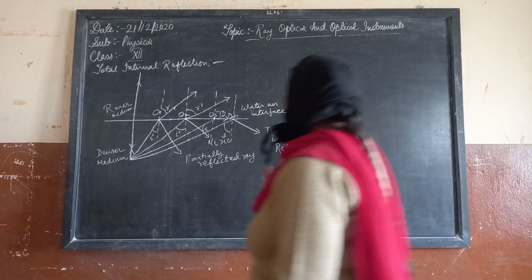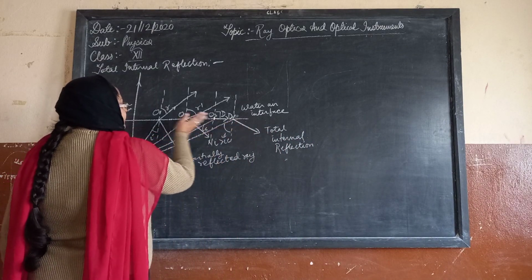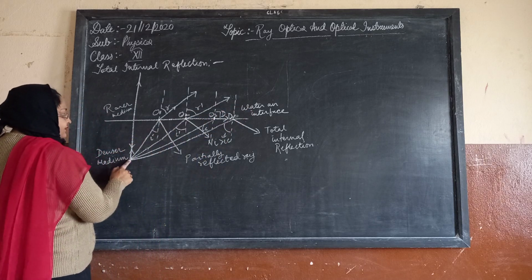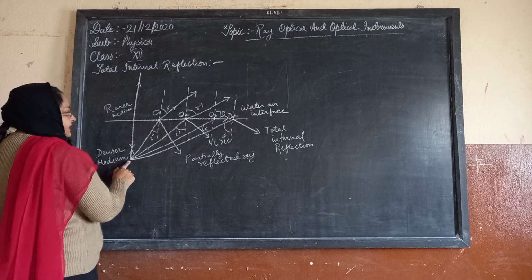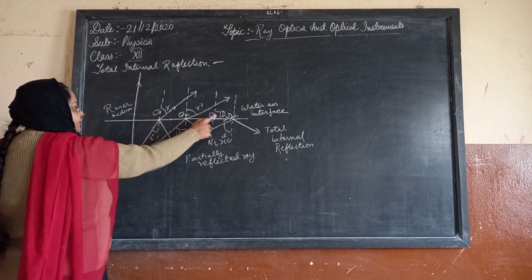So it is totally reflecting back to the same medium itself in this particular manner, and the rays move towards a particular direction, because from here the light rays are coming. So it's natural that it will travel a long distance.